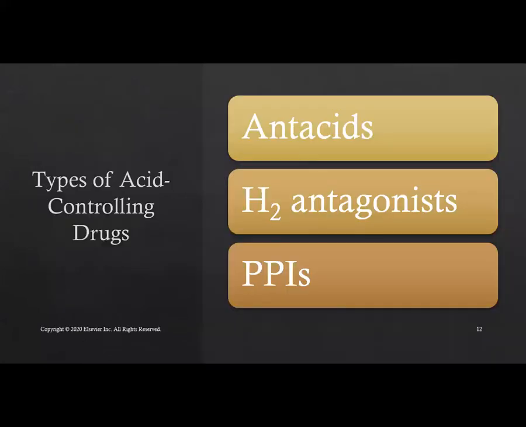The types of acid controlling drugs we have are antacids, histamine 2 blockers, so our H2 antagonists, and our proton pump inhibitors. We talked about our H2 antagonists last week, and now we're just getting back into those.